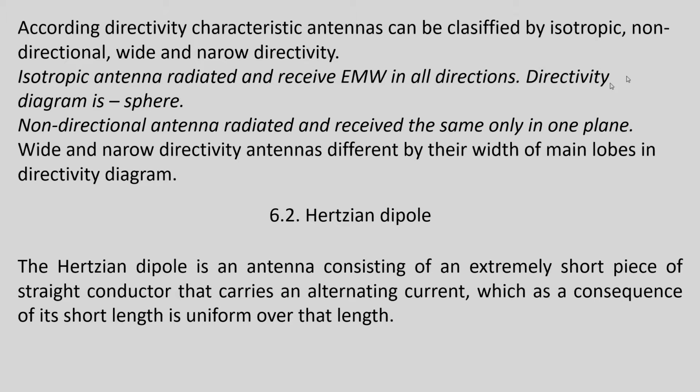So this alternating current is uniform over that length. It is very important because it is much easier to calculate the electromagnetic response, and it holds this condition if it has a very short length.